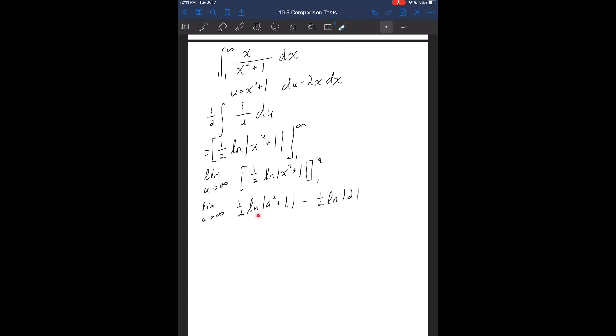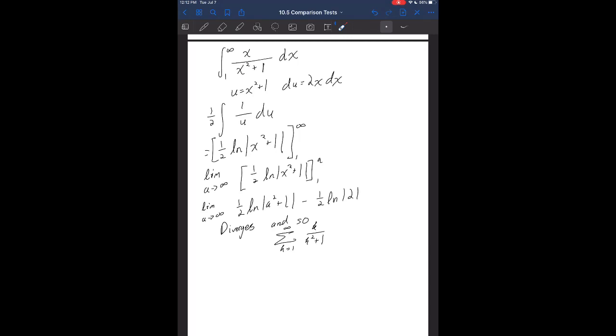Well, as my a keeps getting bigger and bigger, the inside of the natural log will keep getting bigger and bigger, and so my natural log itself will tend off to infinity. So this integral diverges, and so the sum diverges. And so the sum k equals 1 to infinity of k over k squared plus 1.